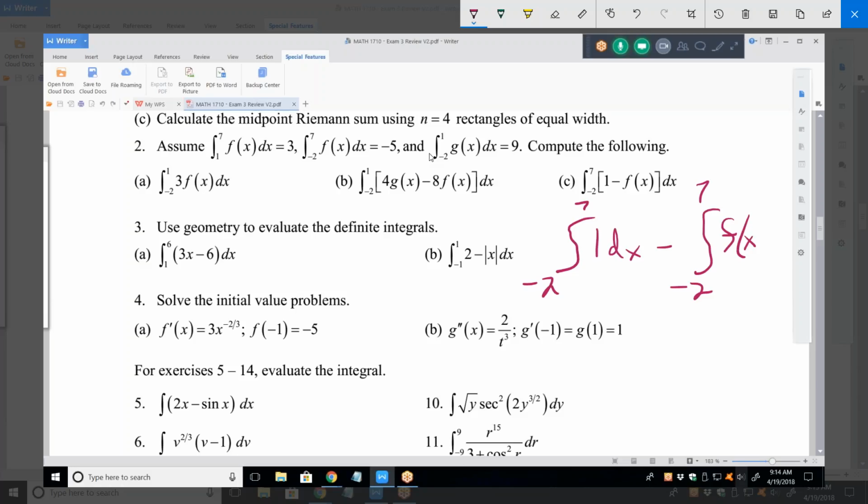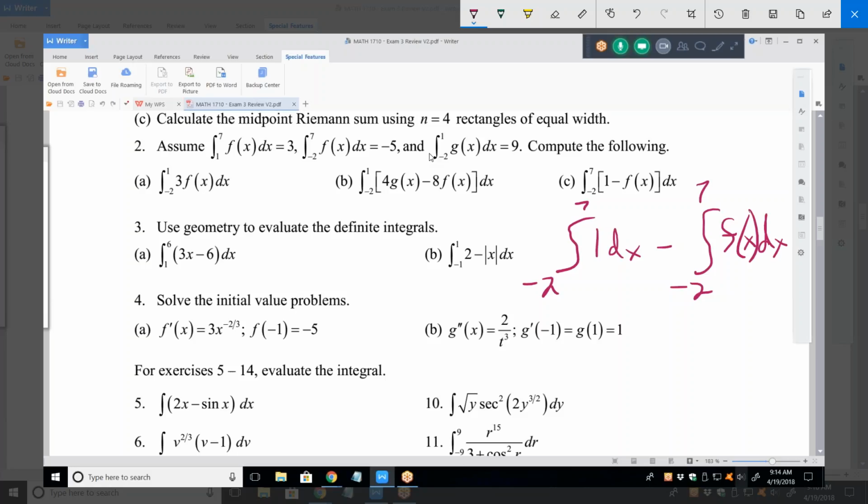What's the first one? The first one is just 1. It's the integral of 1 dx. Is it just x? Uh-huh.